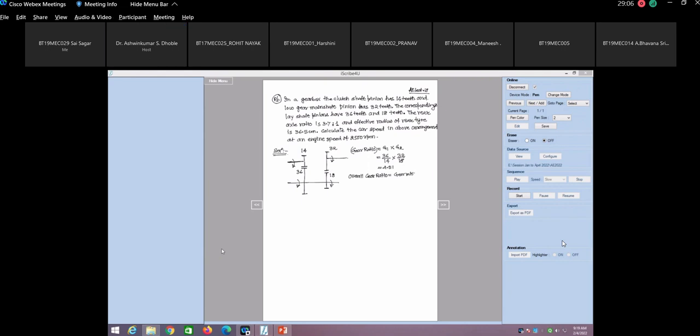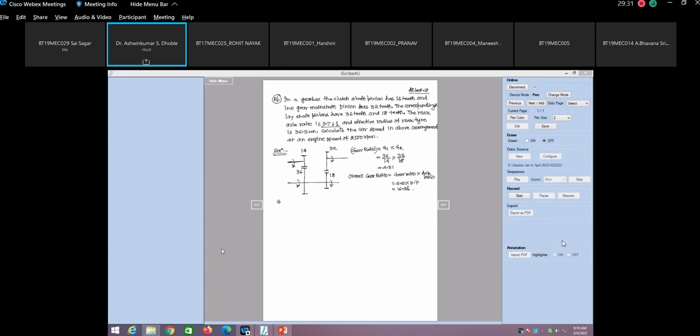So gear ratio multiplied by axle ratio. So this 4.57 into what is axle ratio given? It is 3.7. So please tell me sir इसका वैल्यू कितना आता है? 16.91. चलो 16.91.